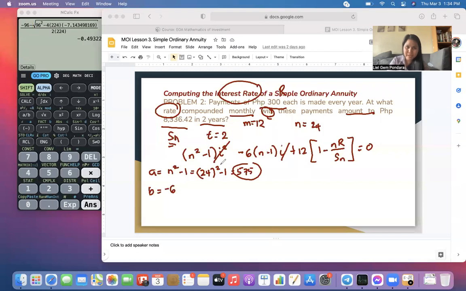This one is our b, right? Let me change my pen color. This one is our b. So negative 6 times n minus 1. That's negative 6 times 24 minus 1. That's negative 138. Now, how about our C? What's the answer for our C? This one is our C.